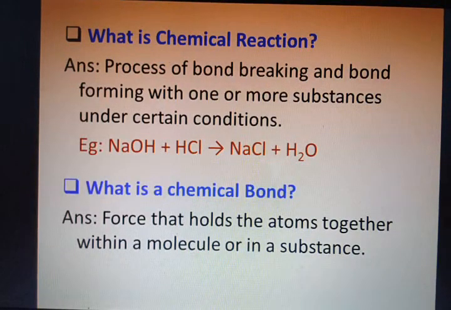There's a point I've added, that's certain conditions. Why? Because every reaction occurs under certain conditions.